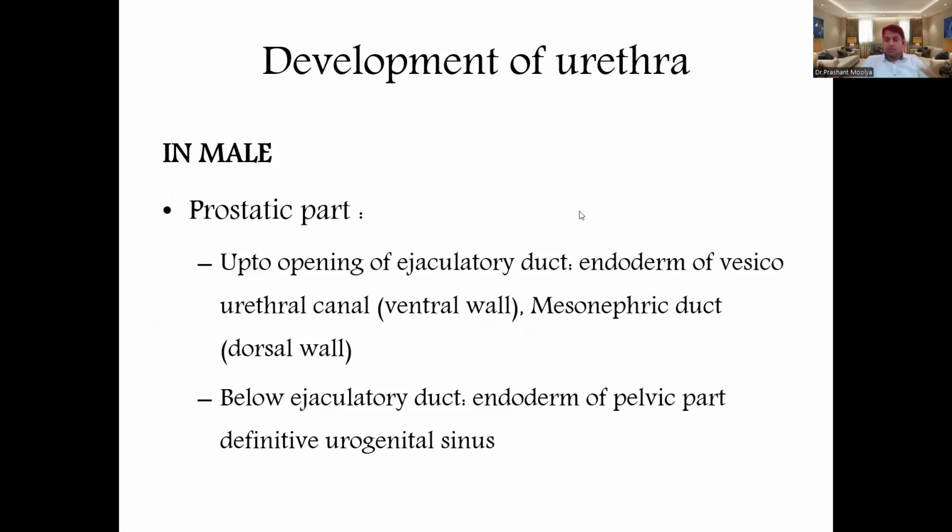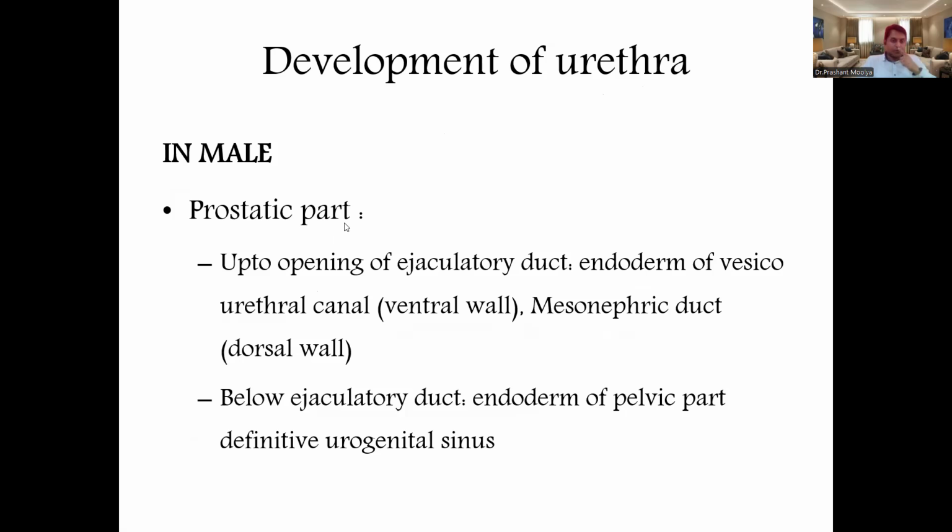The urethra is formed in the male and the female in different ways. Let me tell you in short about the urethra in the male. It is formed from the three derms, ecto, endo, as well as mesoderm. So the male urethra has these three parts called prostatic, membranous, and the phallic part of the spongy urethra.